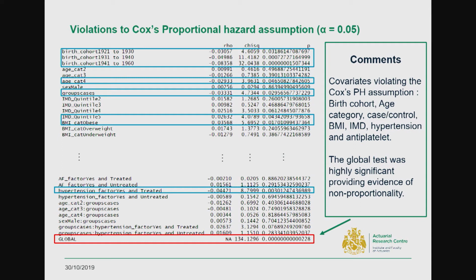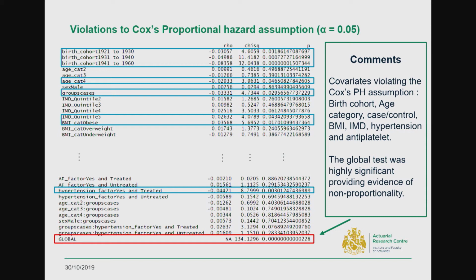Now, when I got this parsimonious model, I applied the Grambsch and Therneau test to test the Cox proportional hazard assumption, and earlier Elias has gone through it and explained what the p-value means. The p-value is testing the significance of the correlation of the residual with time. So if you have a significant p-value, this just means that this particular covariate is having a time-dependent effect.